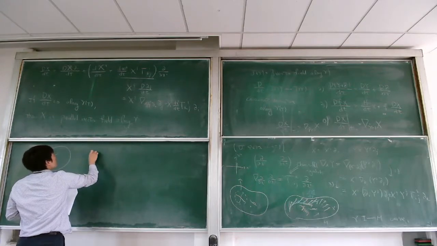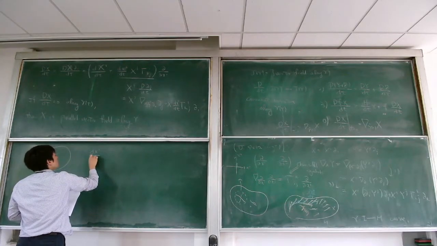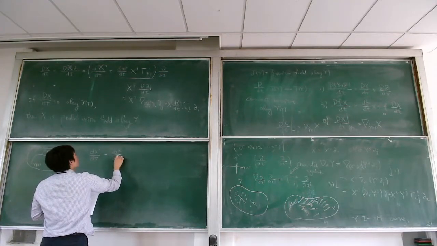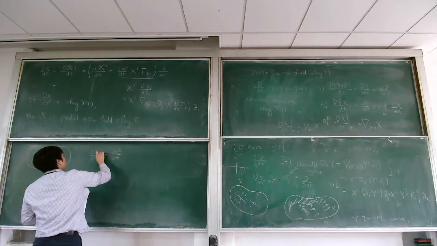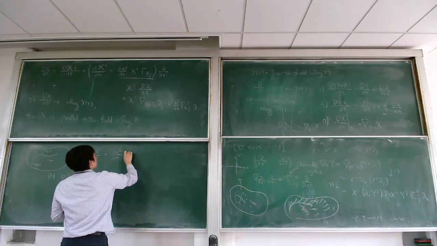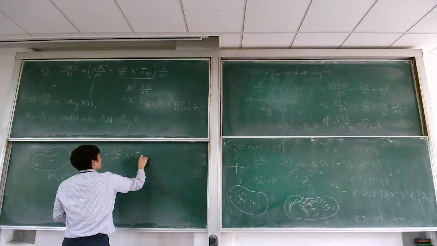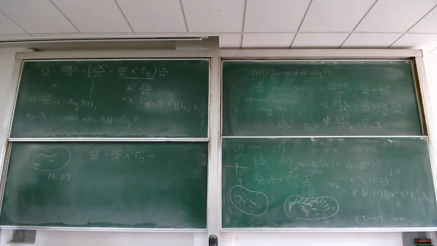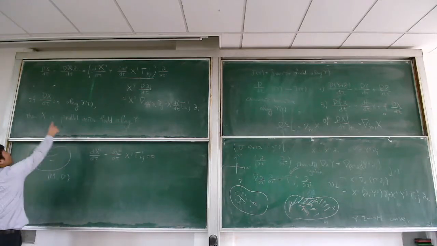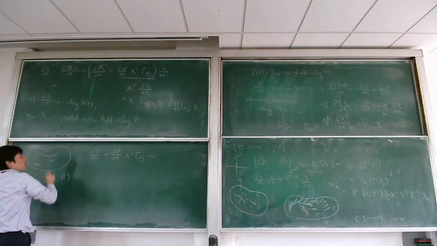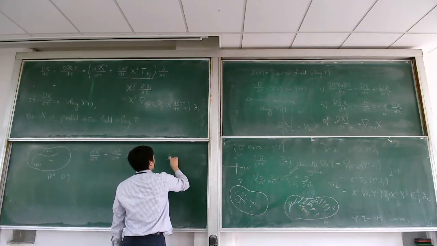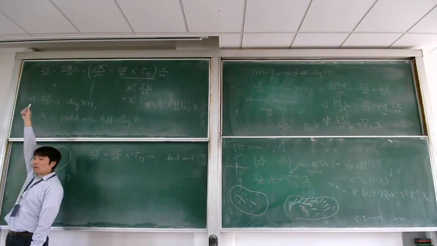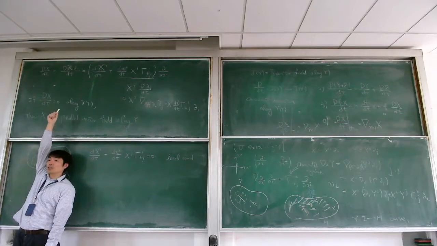This equation, dX^i/dt plus dx^k/dt X^j Gamma^i_kj equals 0, is the condition in local coordinates for this covariant derivative to equal 0.